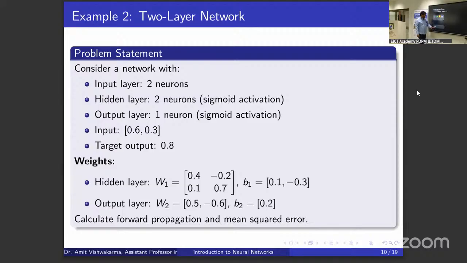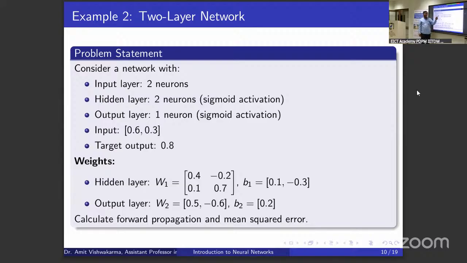where we assume some random numbers for these terms. Two neurons in the hidden layer, one neuron in the output layer, sigmoid activation function. So we are using the same activation function. Always remember, in the input layer we do not apply activation, because x1, x2 come as they are.